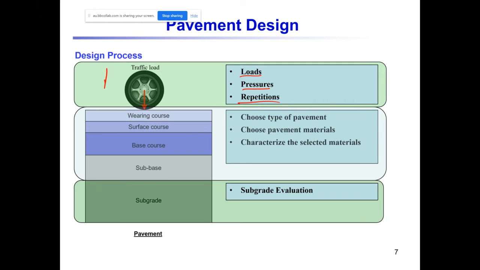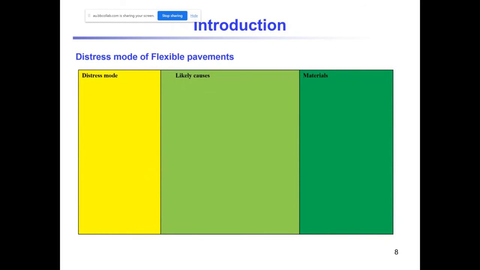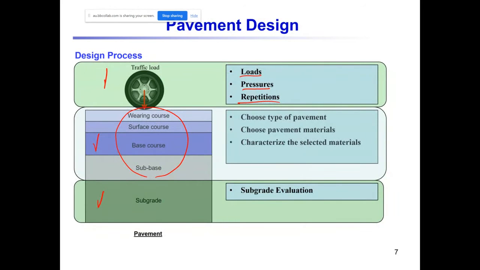Now you have the design traffic, you know the strength of the material, you know the subgrade evaluation. Finally, you need to design the structure of the pavement and determine the thickness of the layers, right? So you need to design the most economical pavement structure for the road.